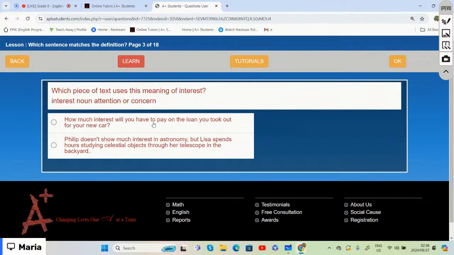Or option two, Philip doesn't show much interest in astronomy, but Lisa spends hours studying celestial objects through her telescope in the backyard. So option one or option two.